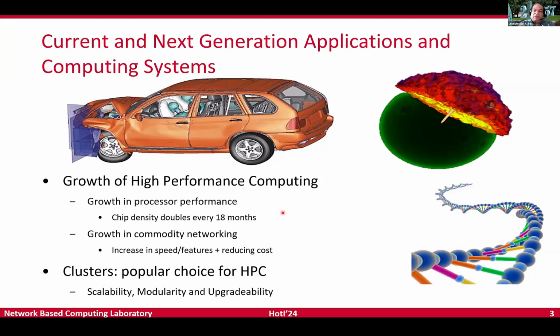So within a node, of course, there are intra-node interconnects, but here we'll be focusing more on the across-the-node or inter-node. So when these nodes are becoming very dense, you also need to have good inter-node connectivity so that they can get balanced out. And this is where I think the commodity clusters are becoming very important.